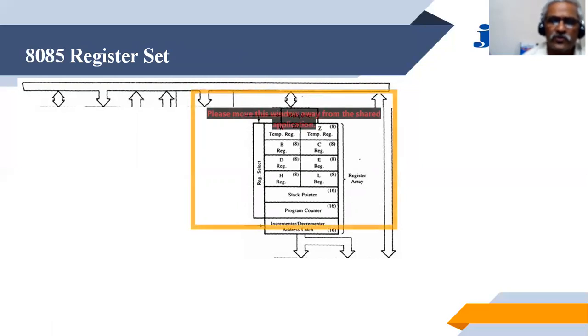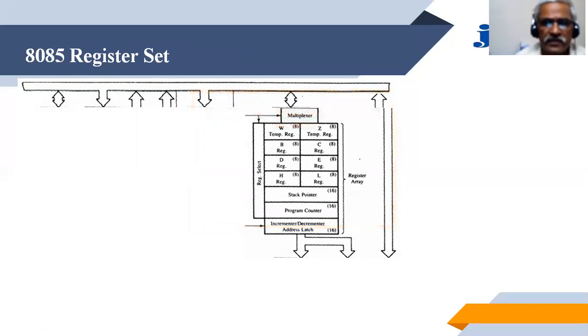During the execution of those instructions, these registers are used to hold certain values. In the case of call instructions, these are the addresses that are stored, because the program has to transfer from one address to another address. During this transfer, one address is stored as 16 bits in the combination of these two registers.